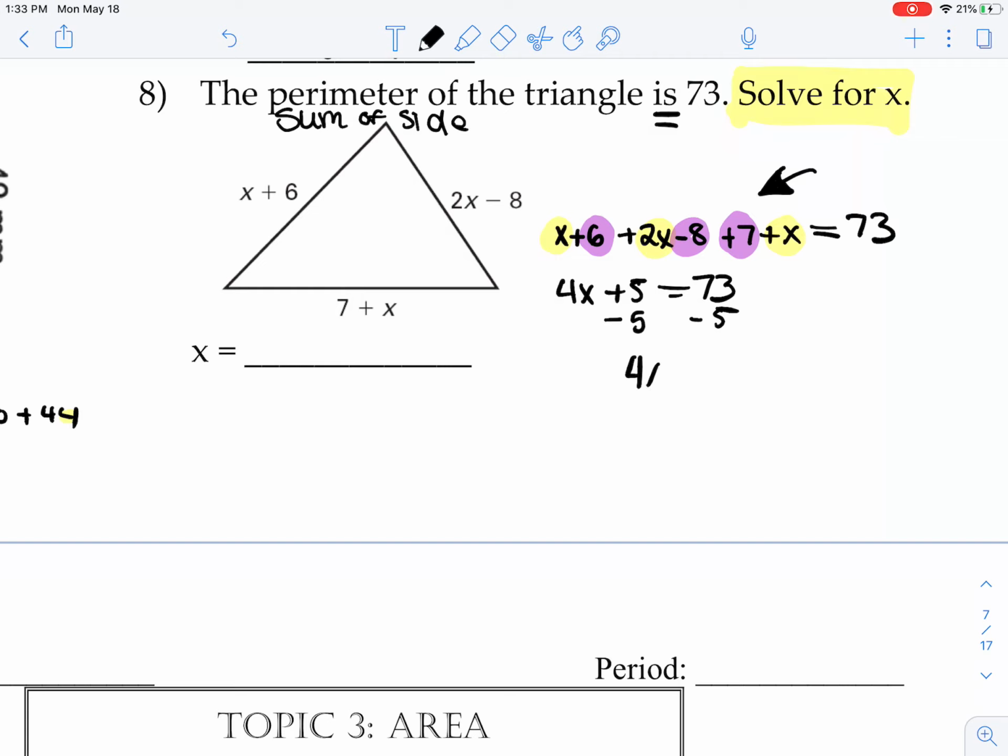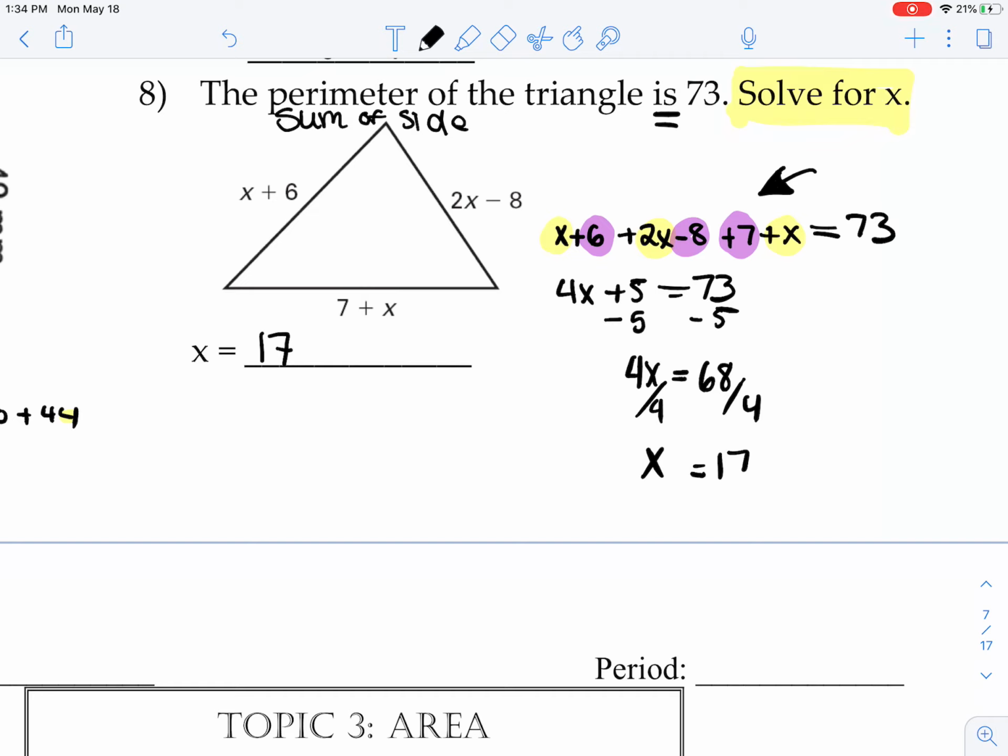When we do that, we get that 4x is 68. And divide that by 4 on both sides. And we find that x is 17. So x equals 17.